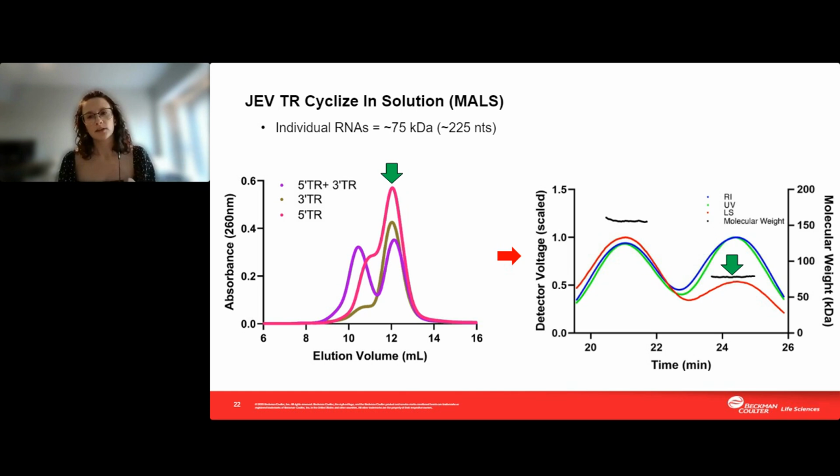When this went through the MALS detector, it corresponded to a molecular weight of approximately 75 kilodaltons, which aligns well with the theoretical molecular weight of the monomer 225 nucleotide RNA. So that's perfect. It shows that when we run our 3' TR alone and the 5' TR alone, they come off at about 12 mL and have a molecular weight of about 75 kilodaltons, corresponding to a monomer RNA strand.